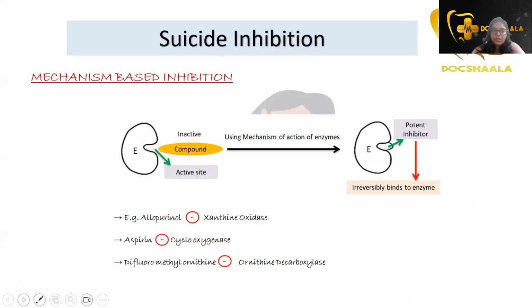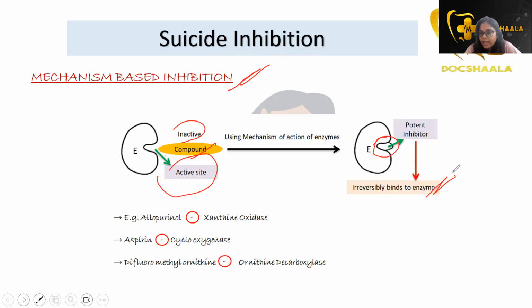Then suicide inhibition. Suicide inhibition is a mechanism based inhibition. The enzyme has an active site, and using the mechanism of action of the enzyme, the potent inhibitor gets bound and becomes irreversibly bound to the enzyme.